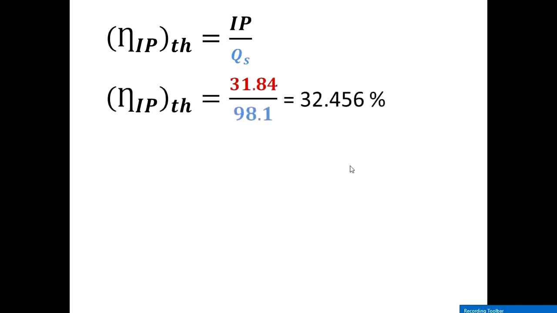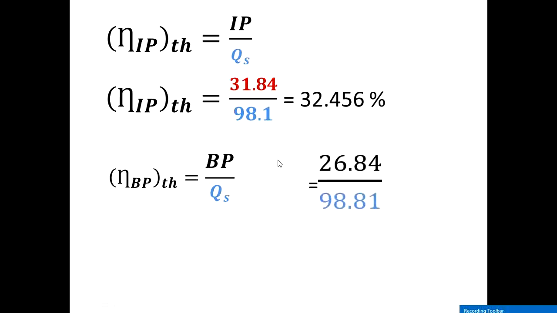Indicated power, put the formula 31.84 divided by 98.1, you will get 32.456. Brake thermal efficiency is brake power divided by heat supplied, and indicated thermal efficiency is indicated power divided by heat supplied. Calculate properly. The same thing you want to put in the heat balance sheet also, where the heat energy loss in the IP and FP and all the things you want to put.